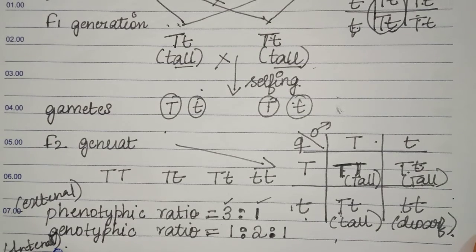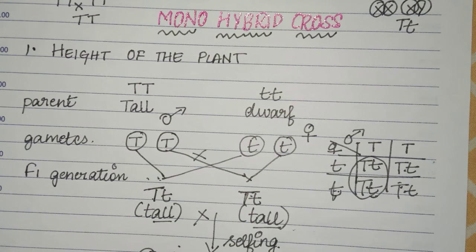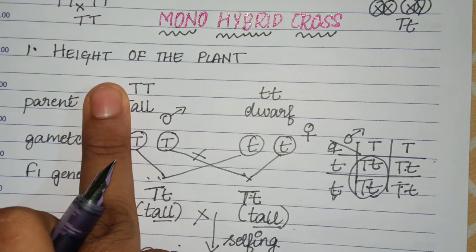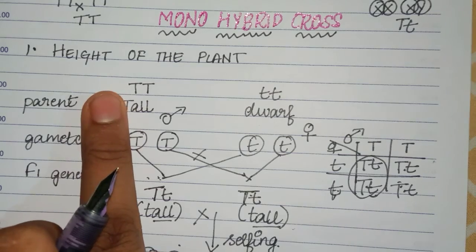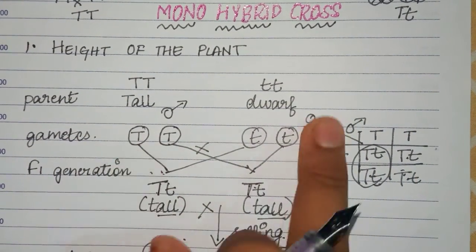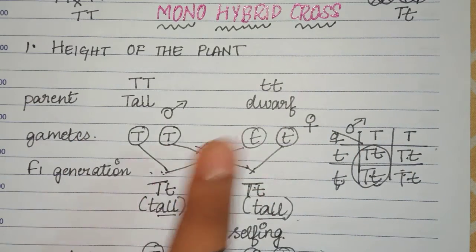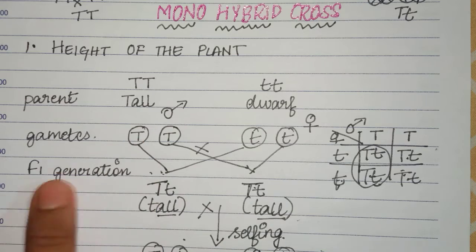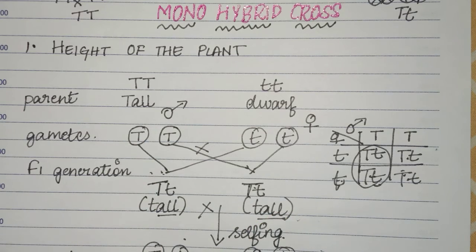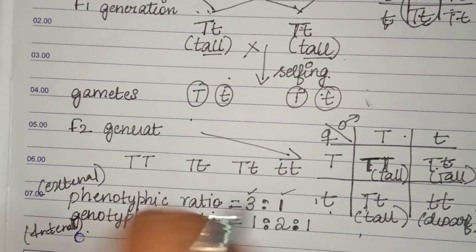Again, let me give a complete summary of the monohybrid cross. You're just considering the height of a plant. One is tall, another is dwarf. You have two plants, pure tall and pure dwarf. You think about the gametes and finally you get the F1 generation. When you self the F1 generation, you get gametes similar to this.